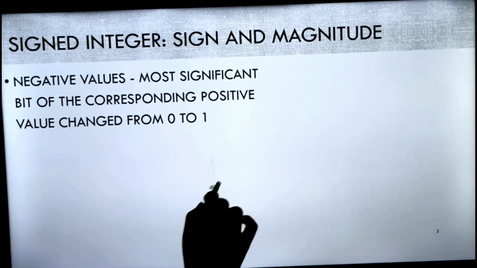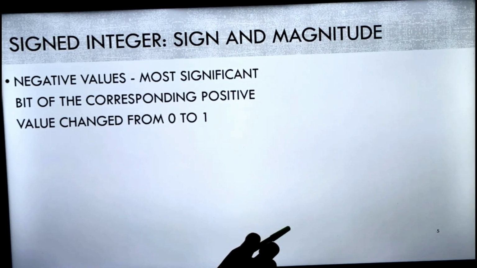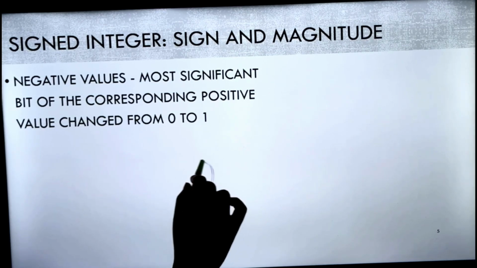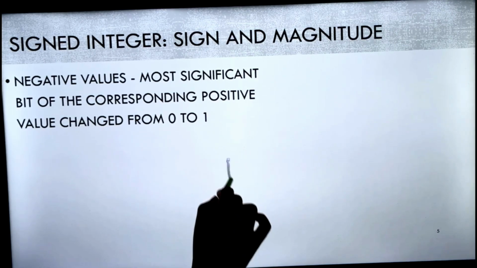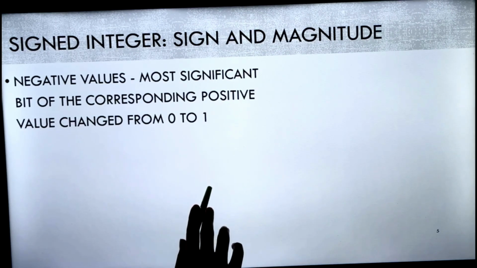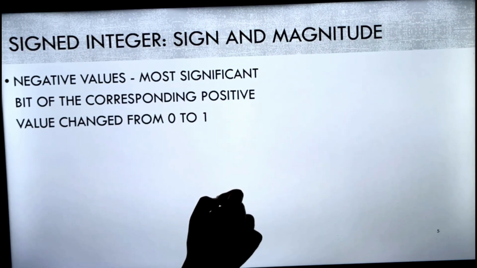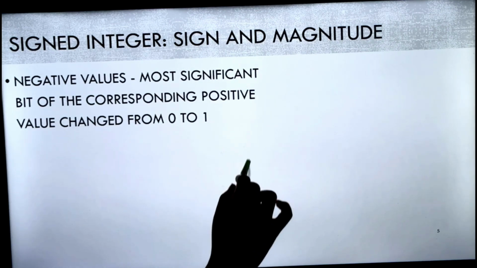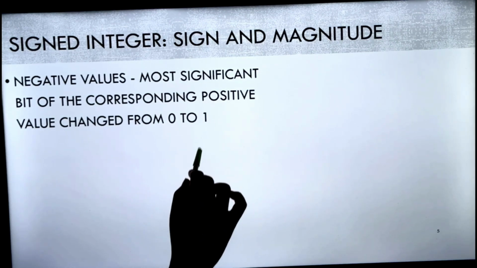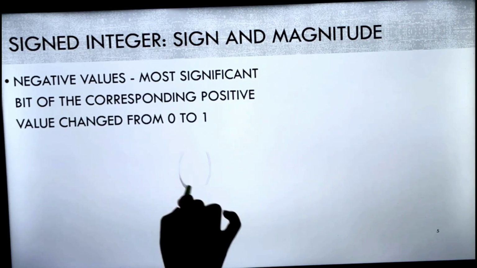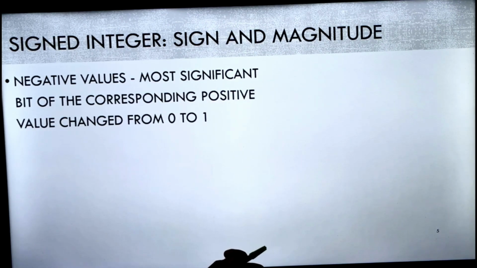Fine. 1, 0, 0 is your 4. Now I want to make it plus 4. Then you have to put a 0 before your number. Means it will be 0, 1, 0, 0. This 0 is reserved for your sign bit. You understood that? If I ask you to represent this number as negative, means I want minus 4, how will you write? 1, 0, 0 is 4, we know. Minus 4 will be 1, 1, 0, 0. Why 1, 1, 0, 0? This 1 represents negative. You understood that?